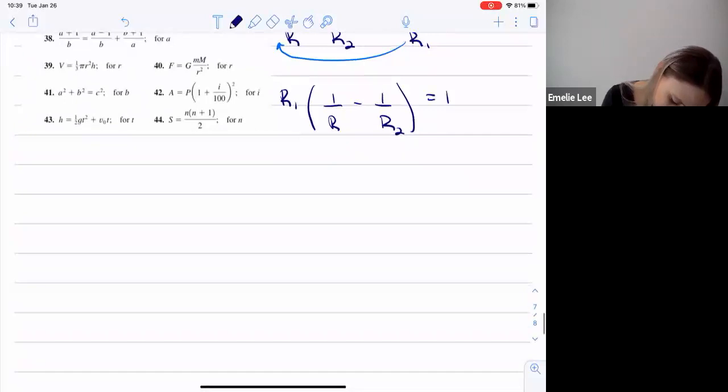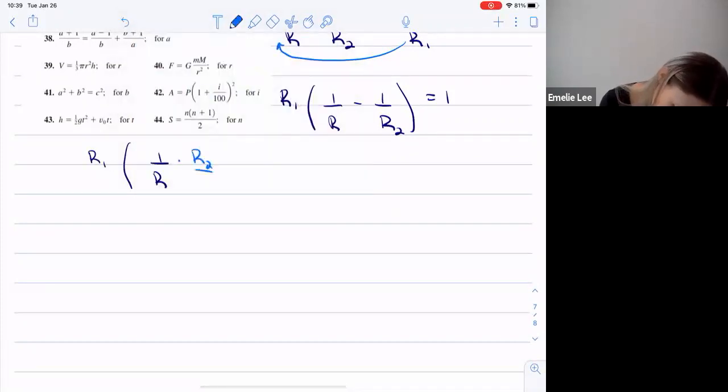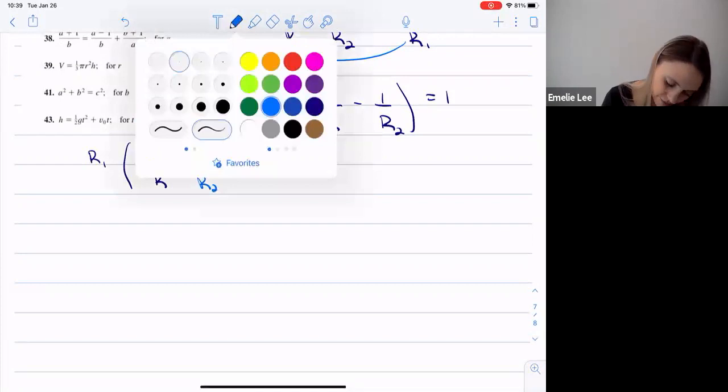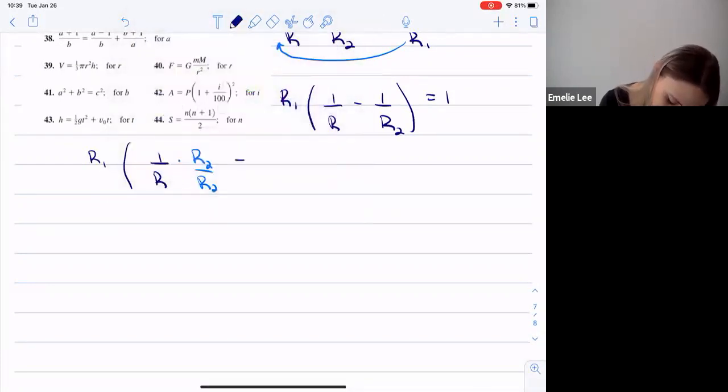So this becomes R1 times 1 over R times R2 over R2, right? Forcing that common denominator, minus 1 over R2 times R over R is equal to 1.